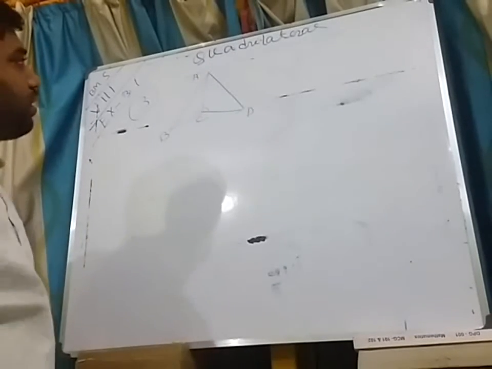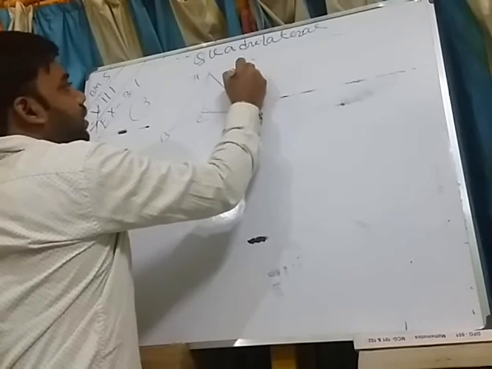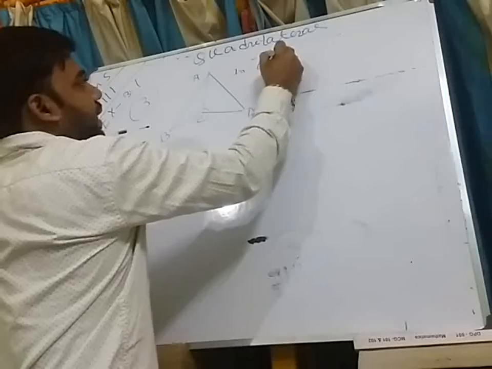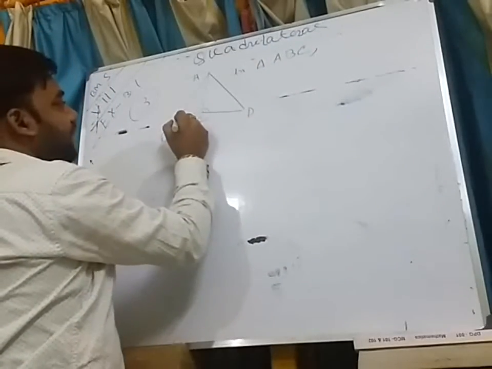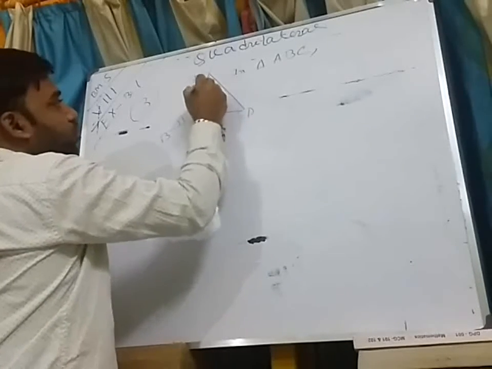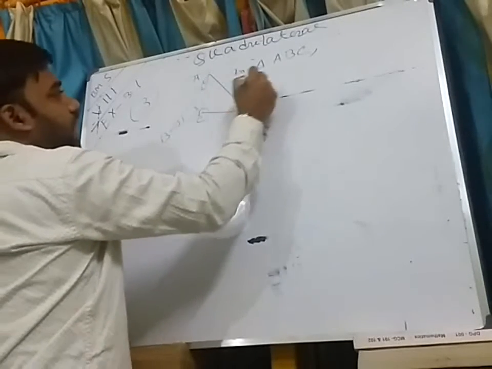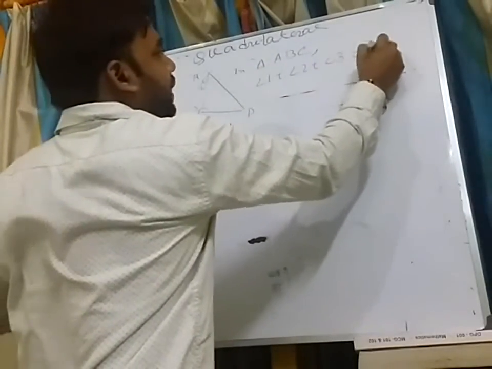In triangle ABC, this angle is given as 1, this angle 2, this angle 3. Angle 1 plus angle 2 plus angle 3 equals 180 degrees.